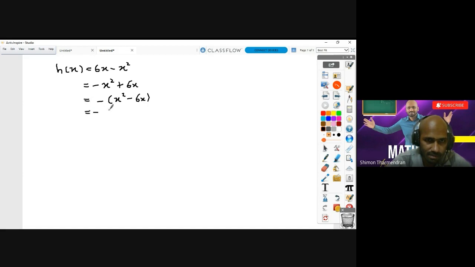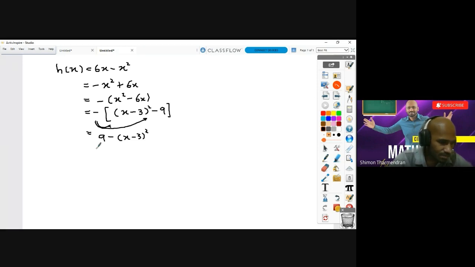And then negative, open the big bracket and complete the square as usual. Coefficient of x divided by 2 gives us 3. Square outside the big bracket, minus 3 squared is 9. And then we bring in the negative here and here. Minus and minus 9 gives me a plus 9 minus (x minus 3) squared. So we've completed the square for that.